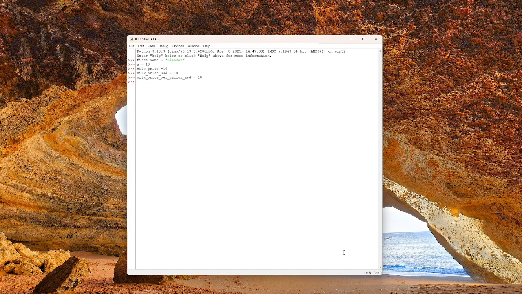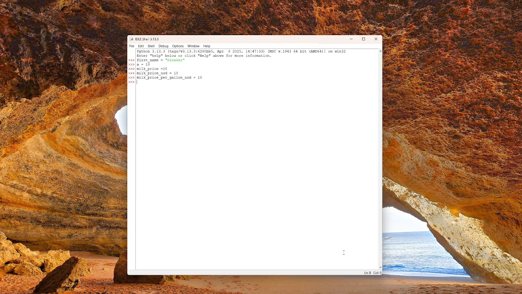Every time you read milk price per gallon USD, milk price per gallon USD, it wouldn't be in a readable format. So at your discretion, try to use the shortest and meaningful names that you can come up with to describe a certain real world use case.